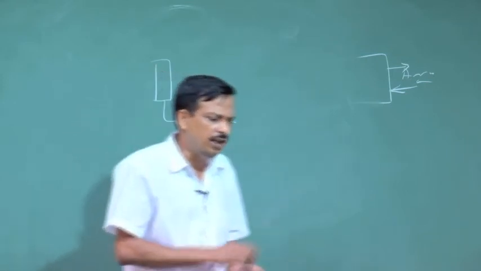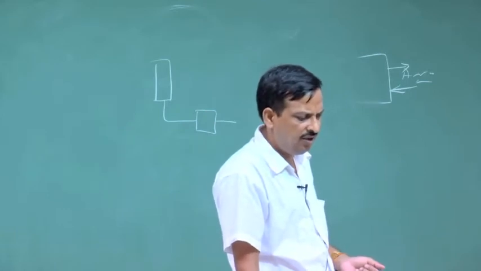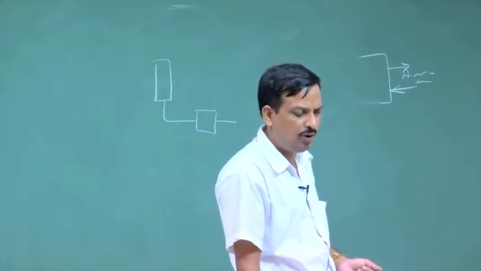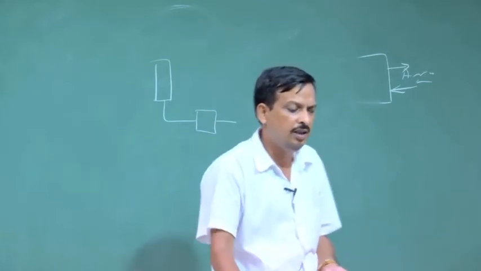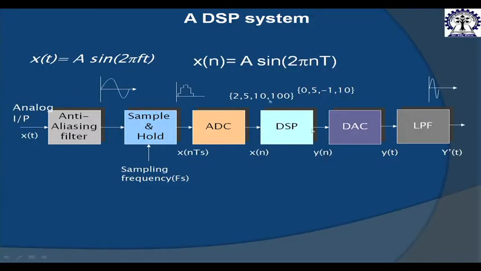This is the basic theory, called sampling theory, and this is the complete circuit of a normal DSP system. I am not going into the details of every block, since those belong to the signal processing domain.